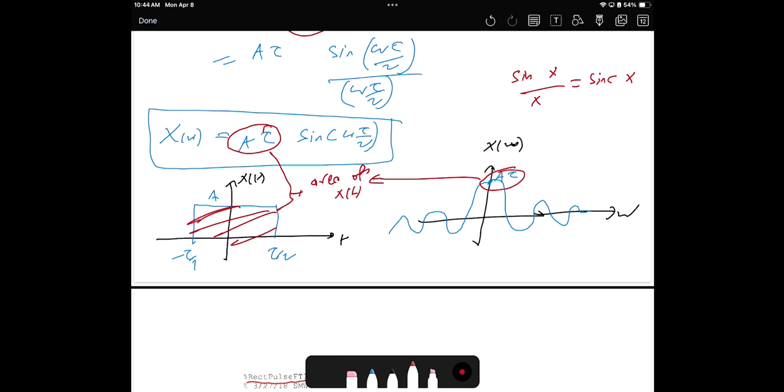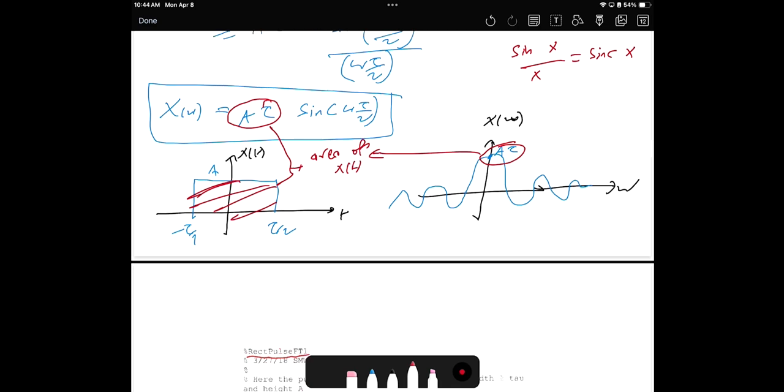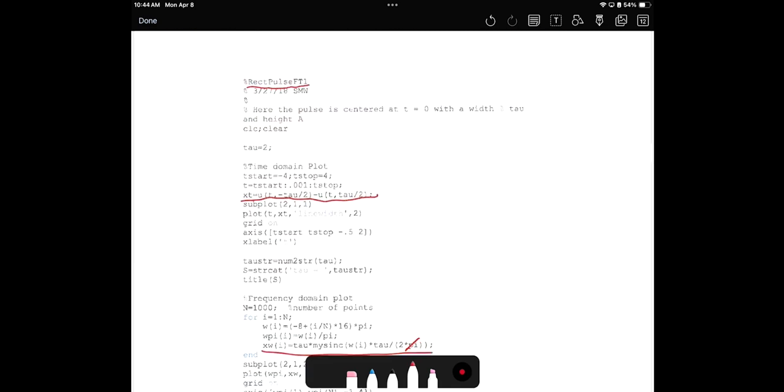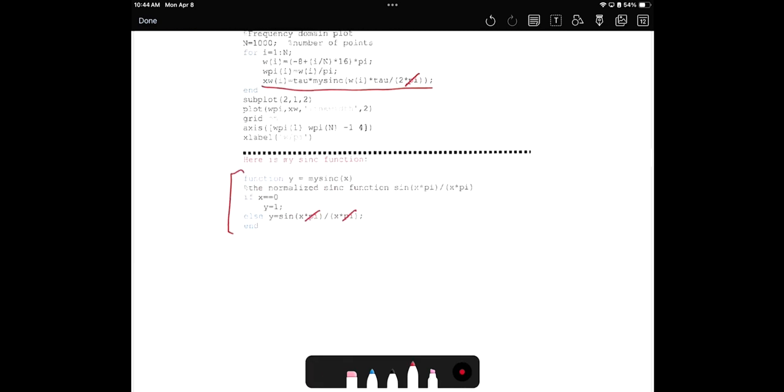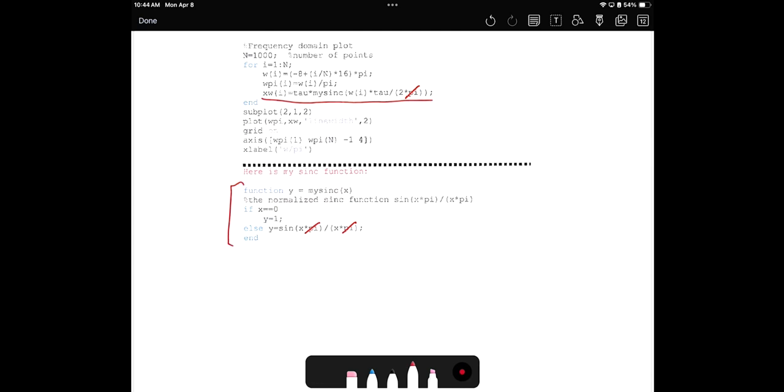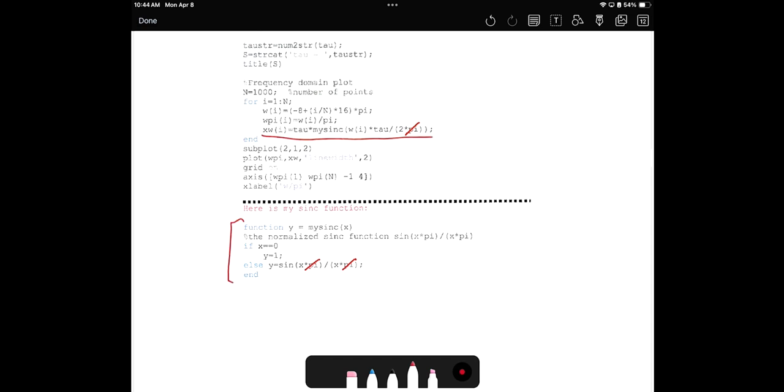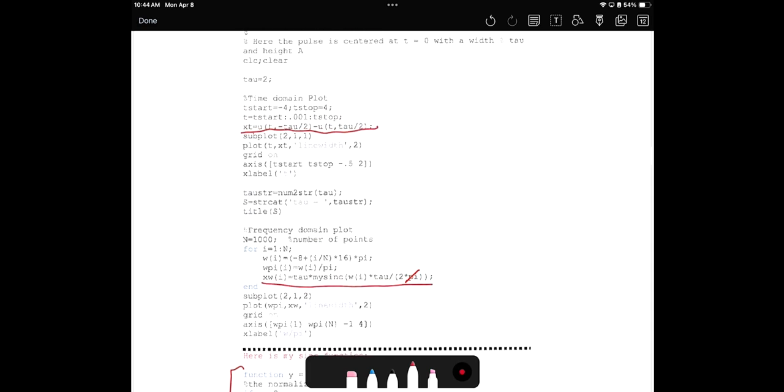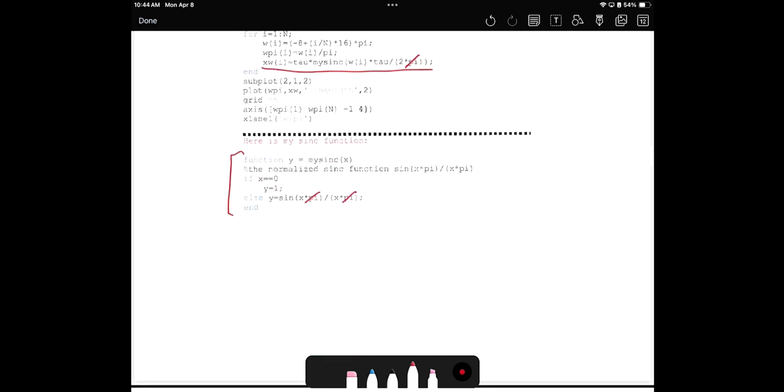Here is the MATLAB code for that one. So basically, recall in MATLAB, the sinc function is based on sine pi x over pi x. But here we will use the unnormalized one, which is our own function, sine x over x. Here's the MATLAB code.